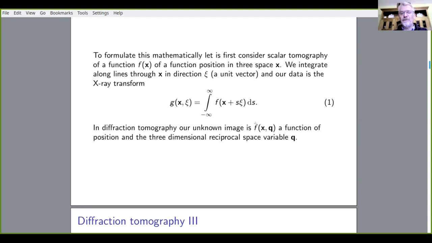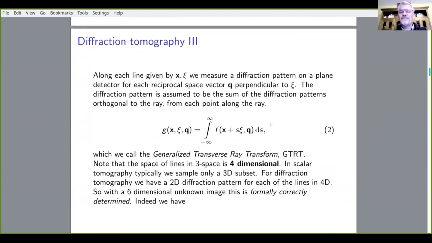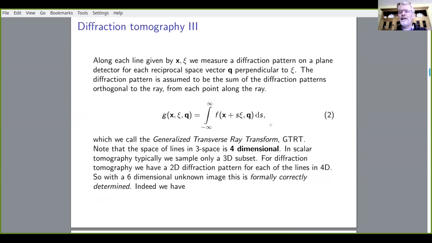But in diffraction tomography, we have another vector, q, the reciprocal space, the sort of frequency space vector, and we assume we have a function of position and reciprocal space. So it turns out that typically we measure with a screen perpendicular to our beam.